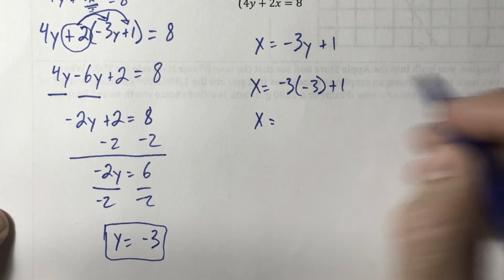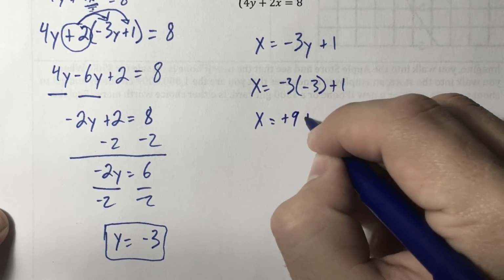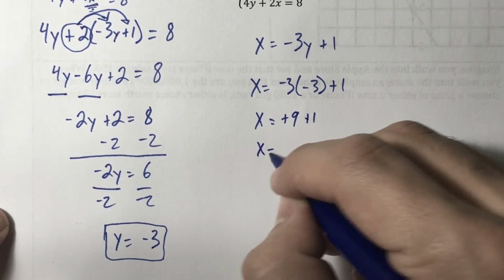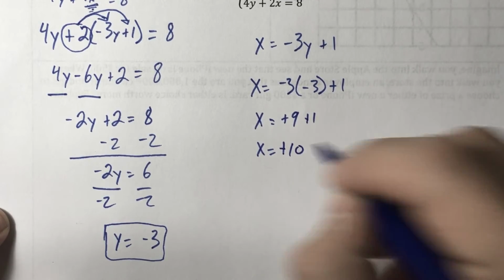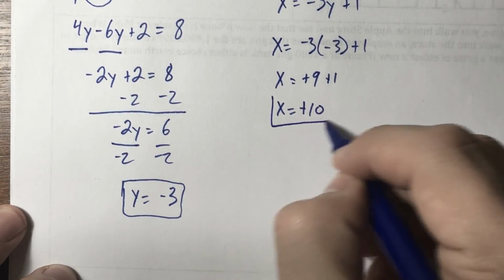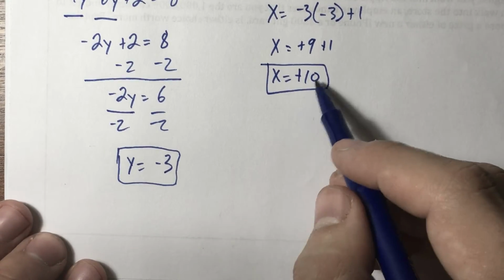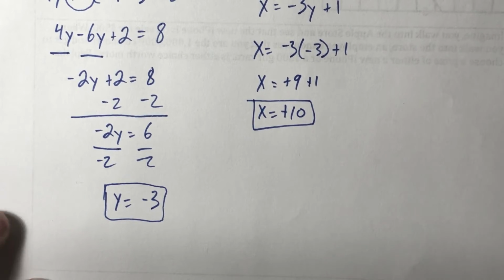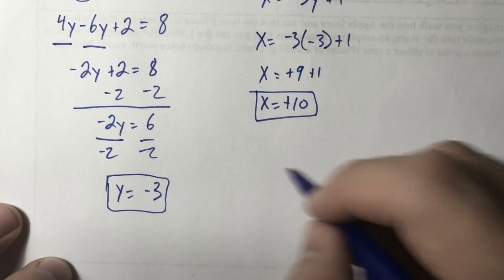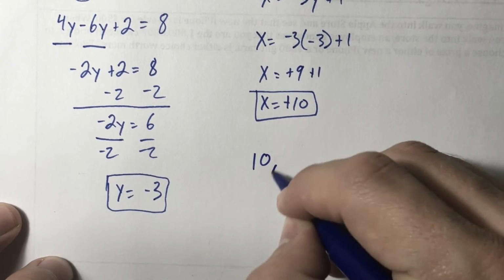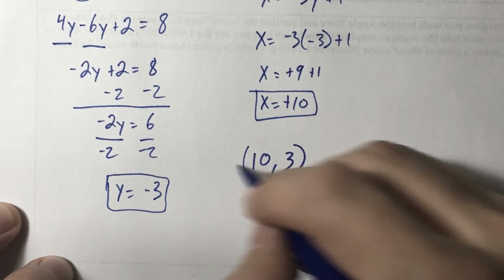Negative 3 times negative 3 gives us positive 9, plus 1. Therefore, x equals positive 10. Now we have the value for x and we have the value for y, and we're finally ready to write our solution as a coordinate, (10, -3).